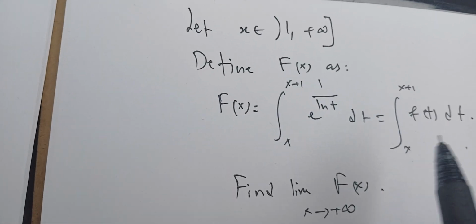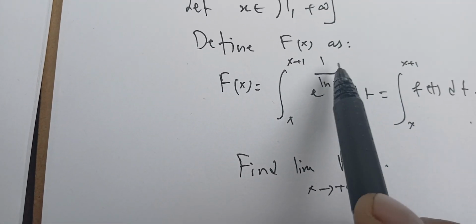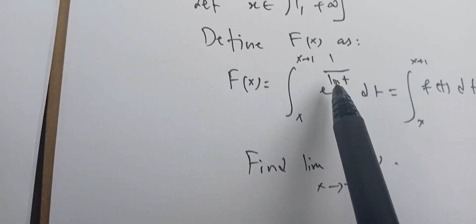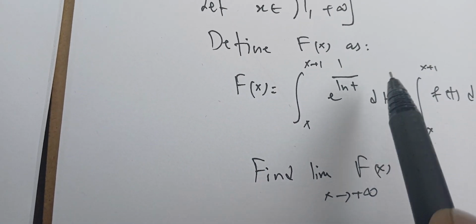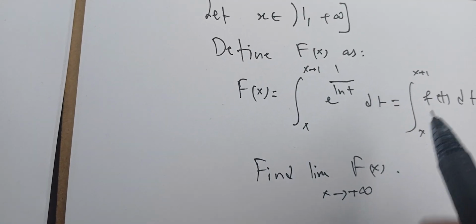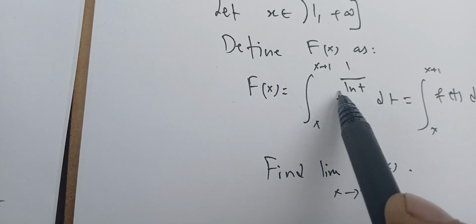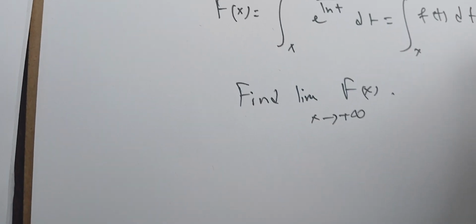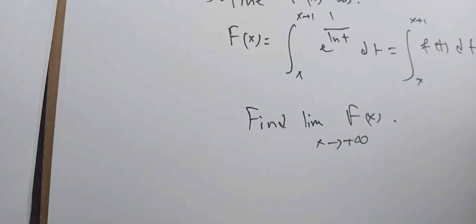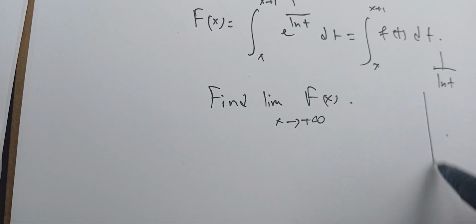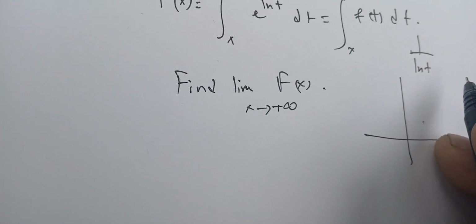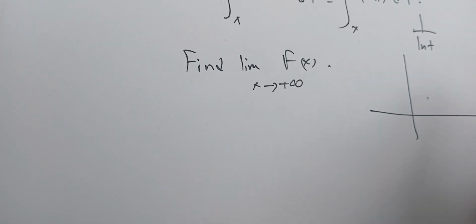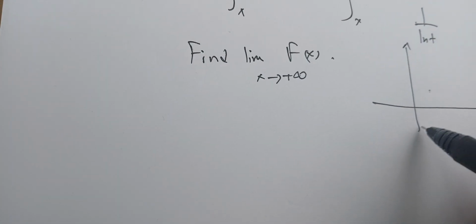So the first thing that we're gonna do is graph this function, e to 1 over ln of t. How to do that? First we're gonna forget about the exponential. We first draw 1 over ln of t, and we can get the exponential from that, since we know the graph of the exponential.